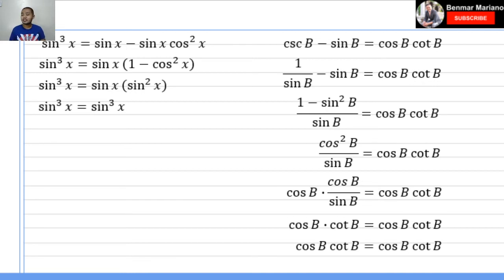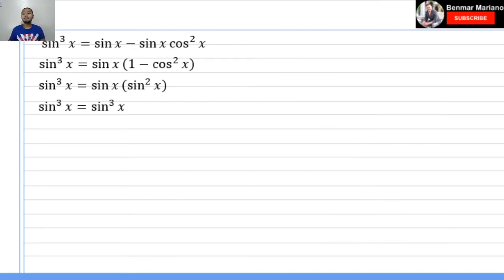Okay? Next, fourth example. So we have here secant theta plus tangent theta is equal to 1 over secant theta minus tangent theta. So in this specific example, I'm going to manipulate the one on the right side of the equation.